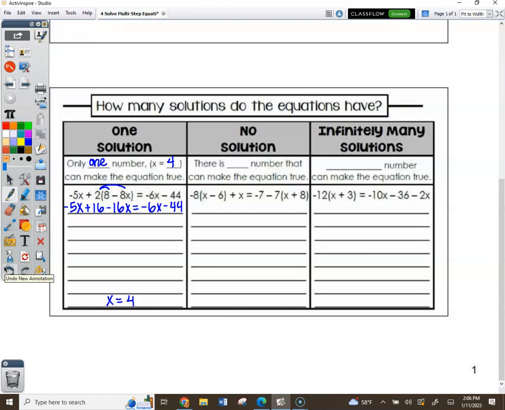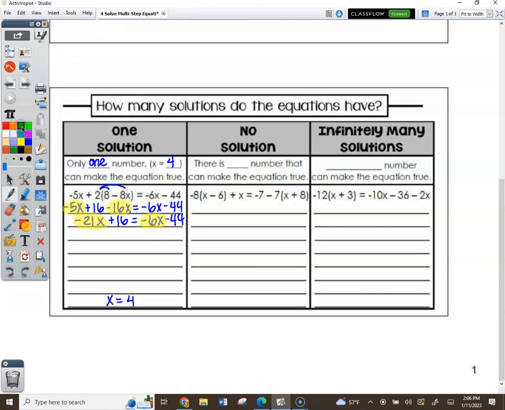All right, so then we would combine our like terms that are on the same side. So that would be negative 21x, and then bring down the rest. Now we're ready to start moving things to the other side. I personally move variables first. So I'm just going to add 6x over here to the left.